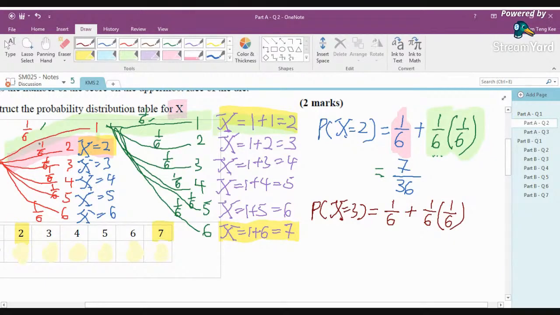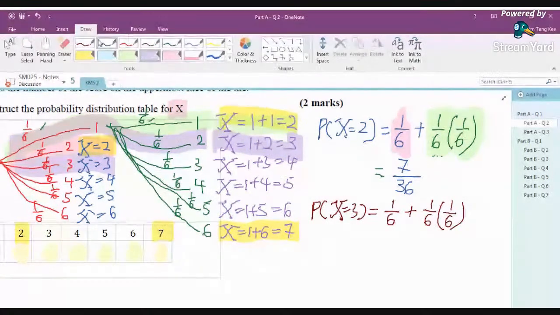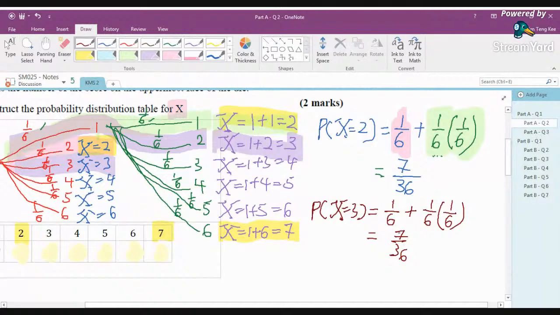Let me highlight everything in purple this time. So either directly get X equals 3, or go through 1 and then followed by getting the dice result as 2. So 1 plus 2, I get my 3 here. And this gives me the result of 7 over 36.